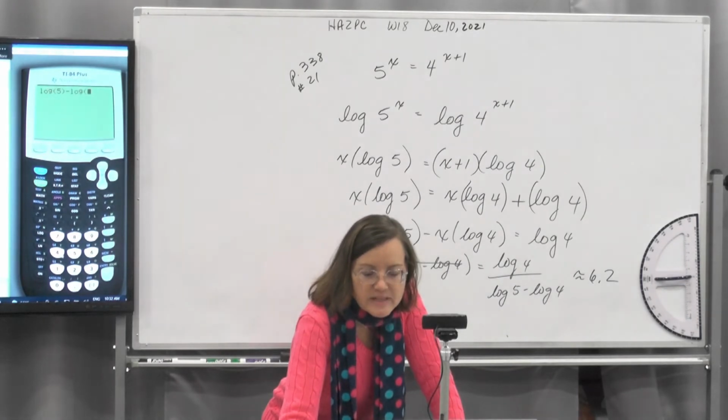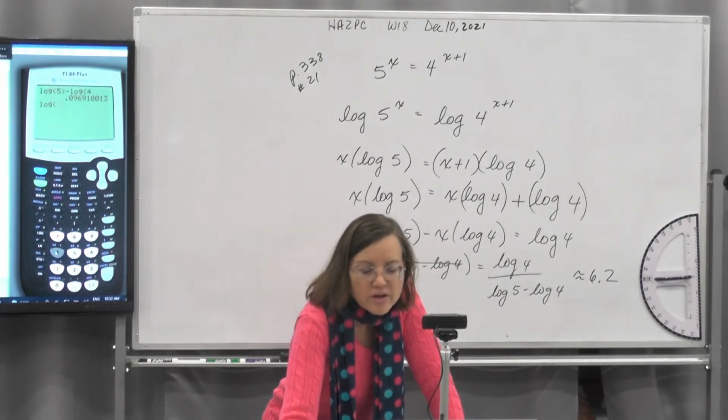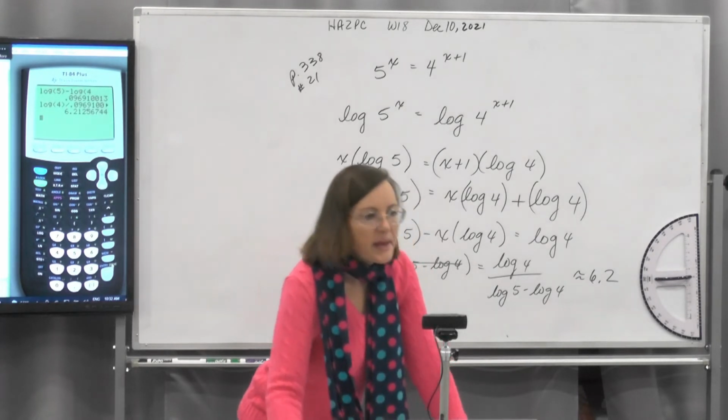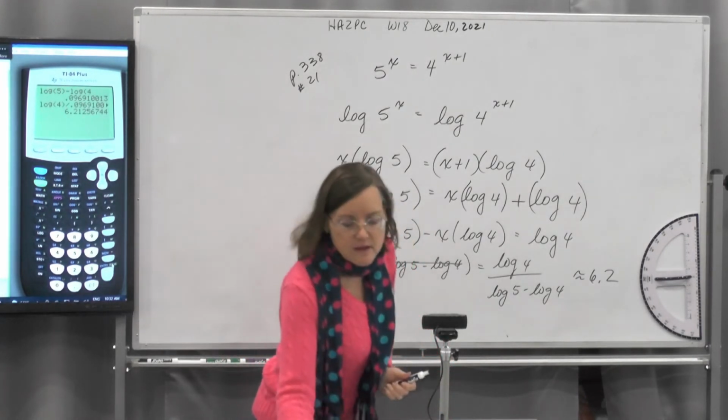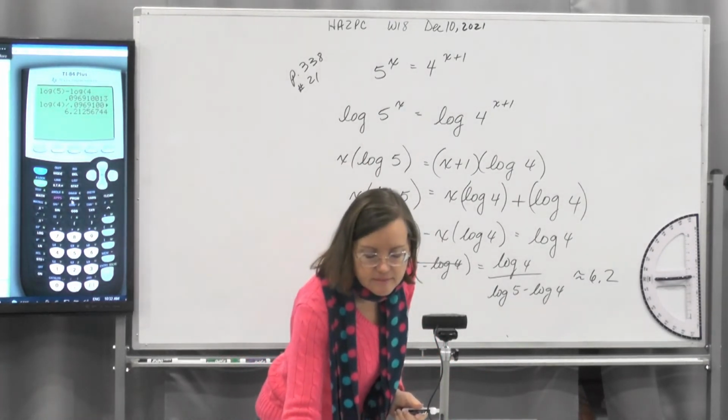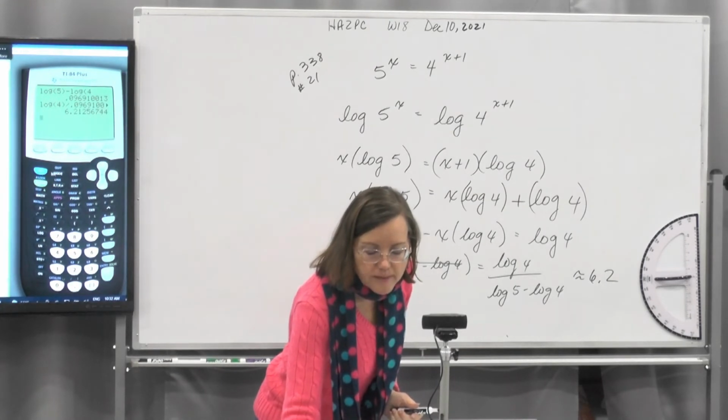I might do my denominator first, and then log 4, divided by that. That might be one way. 6.2. Yes, more than one way to do that. Okay, so that's method 1.